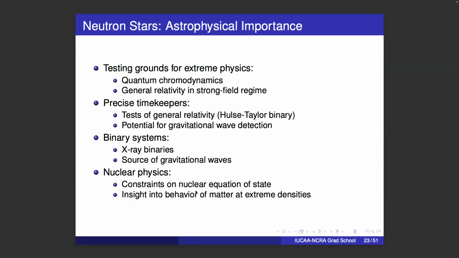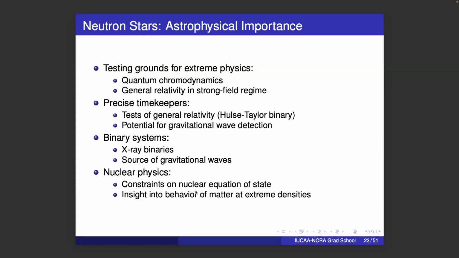They can be used to study the decay in the orbit of these pulsars over time. Of course, there is potential for gravitational wave detection through their mergers. In binary systems, they produce X-ray binaries, and they can be sources of gravitational waves detectable when the binaries come close to a merger.